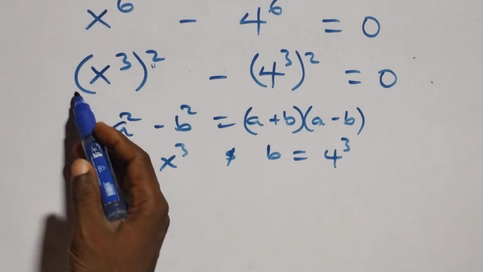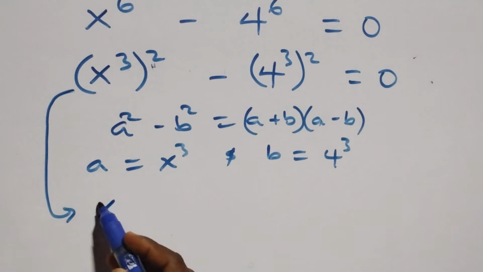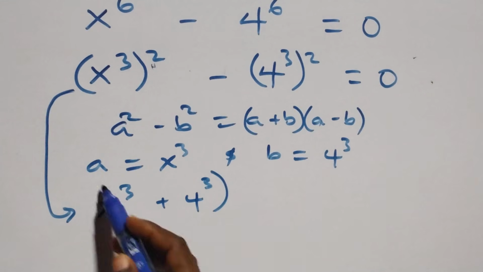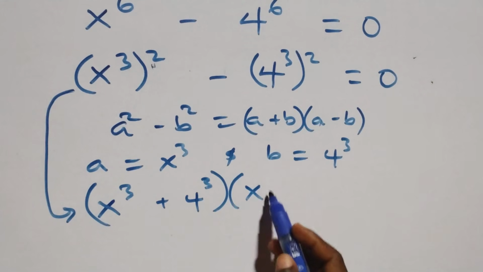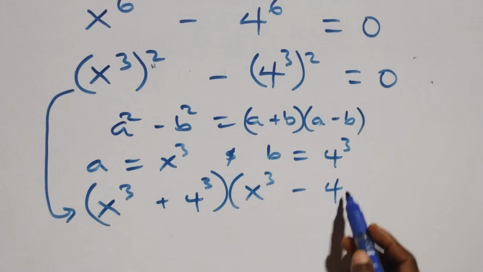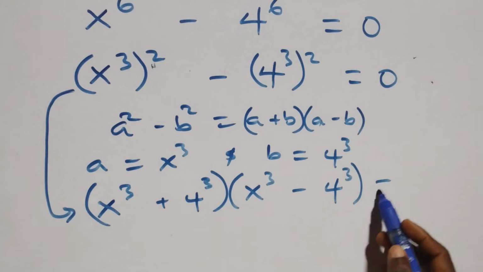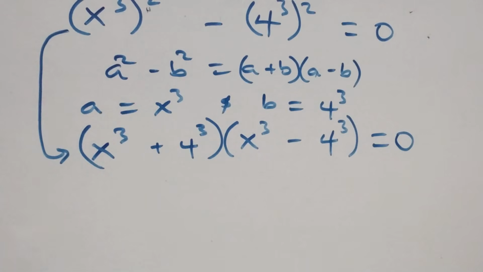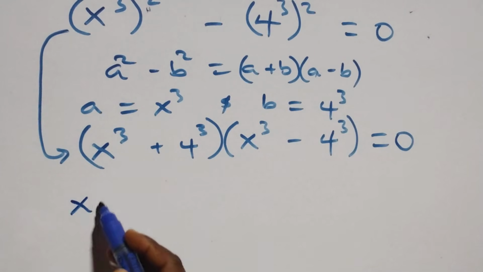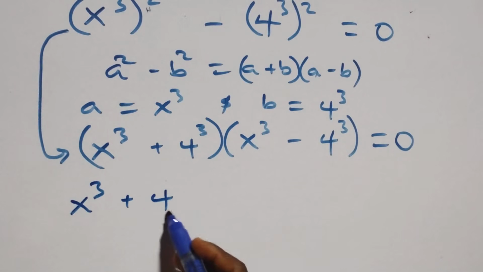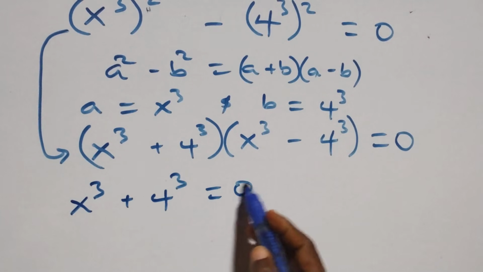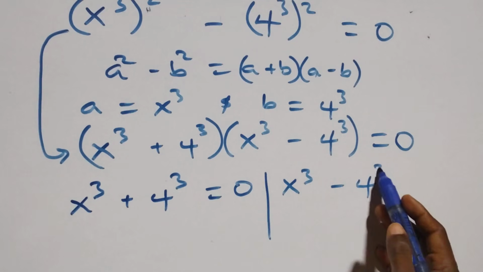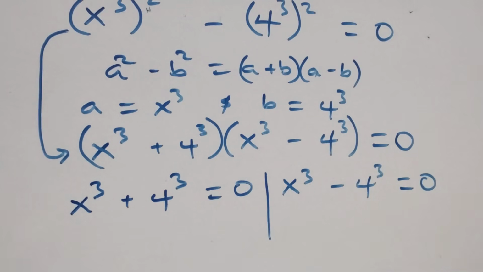Then what we have here becomes x raised to power 3 plus 4 raised to power 3, into open bracket, x raised to power 3 minus 4 raised to power 3, close bracket, equals 0. Then here we have two possible cases. First one, x raised to power 3 plus 4 raised to power 3 equals 0. And we have x raised to power 3 minus 4 raised to power 3 equals 0.